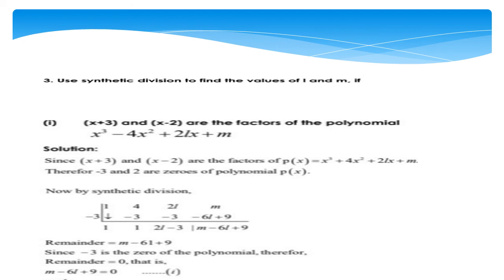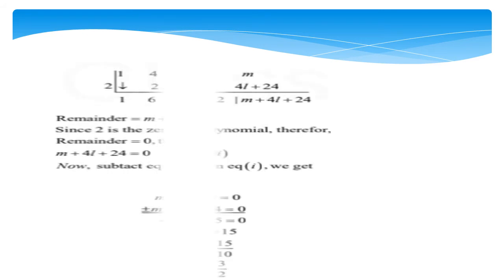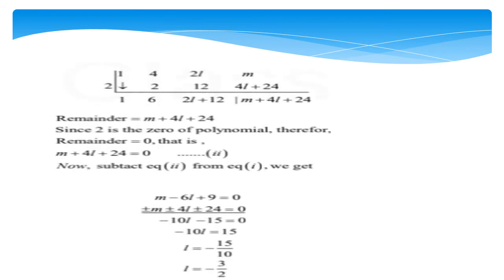Now by synthetic division, first put minus 3 and as per the procedure get the remainder m minus 6l plus 9. The remainder is equal to 0, and this is the first equation. Again for the second factor, divide by 2 and write down the coefficients from the question, and get the values.